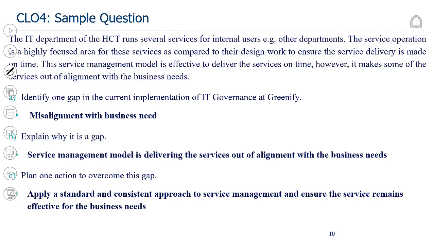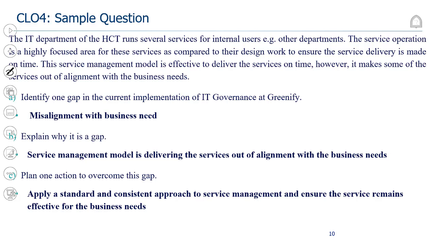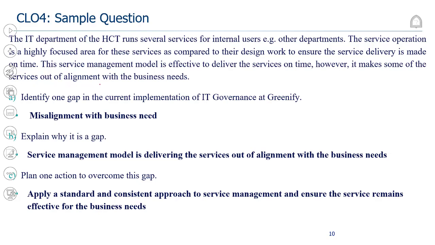Everything is okay, they seem to be doing things so well. But the problem is here. That statement is where they make some of the services out of alignment. It doesn't matter how well you're doing things, but if you carve services which are not aligned with the business, then that's a problem. That's a gap.